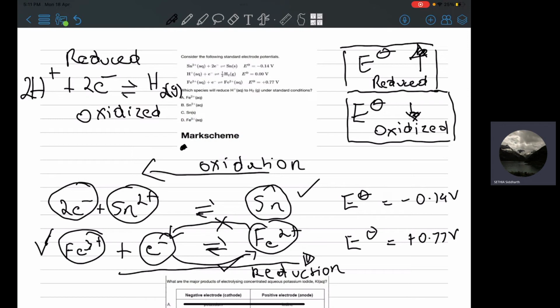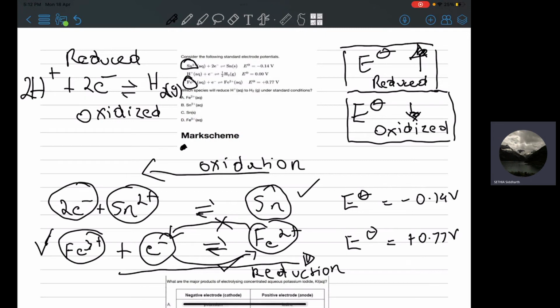Now, out of these two, out of Sn and out of Fe3 plus, which one is going to be oxidized? Which species is going to oxidize H plus? Well, we know that oxidation is a loss of electrons, and we have also determined that Fe2 plus does not like to lose electrons.